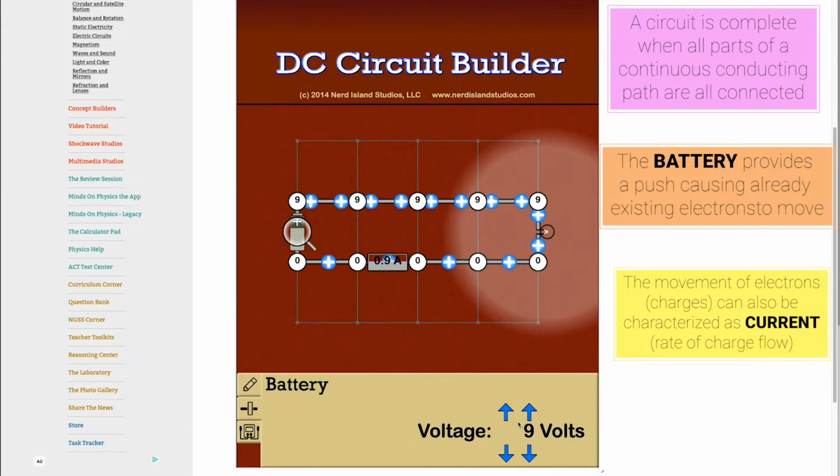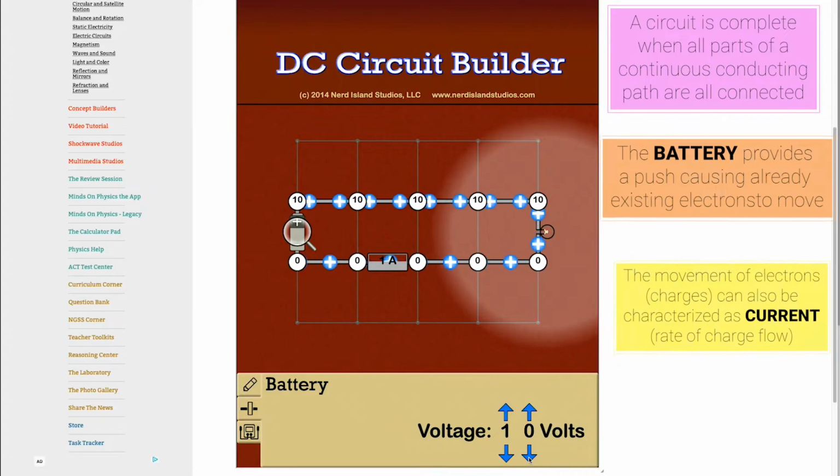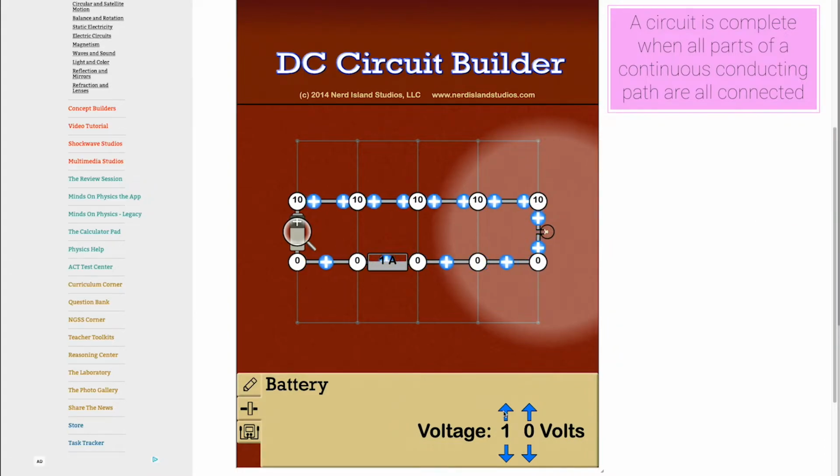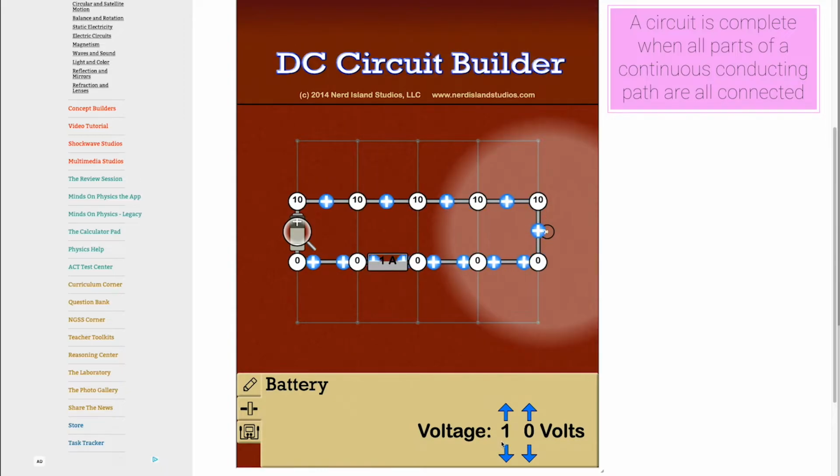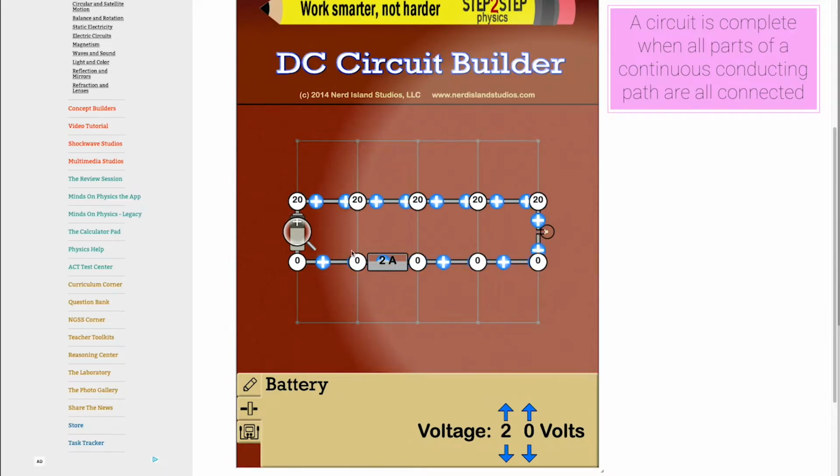It is at 9 volts. We can increase by 1 when we click on the arrow to the right, up, and we can decrease if we click down. We can also increase by tens if we want, and then we see some sort of difference. You should see when you click on the battery that the ammeter will change also. At 20 volts, it's at 2 amps.